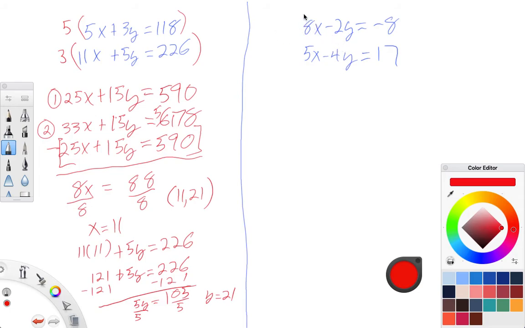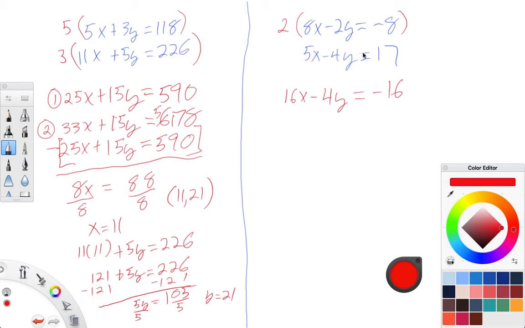So I'm going to multiply this one by 2, and then we're not going to do anything to this bottom one. So 2 times 8x is 16x, 2 times negative 2y is minus 4y, and 2 times negative 8 is negative 16.